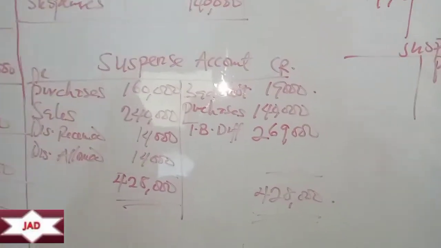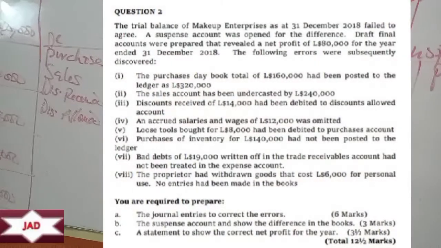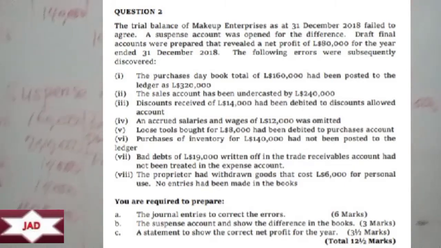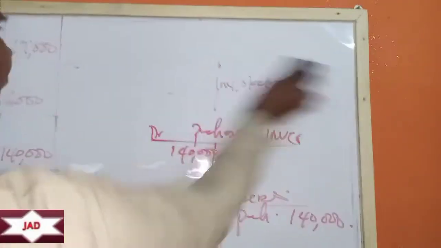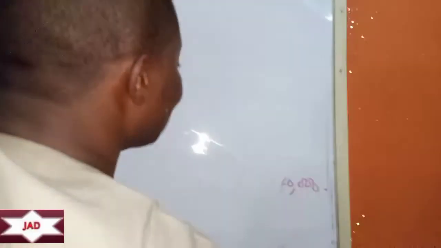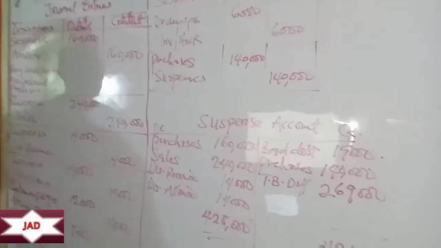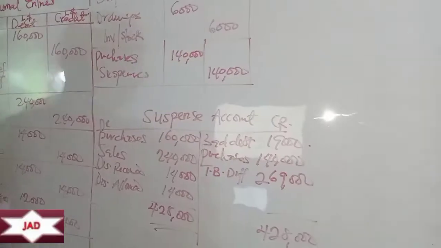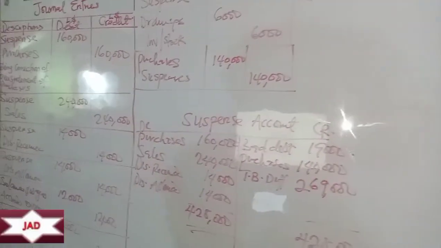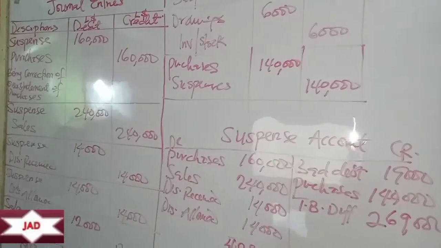So that is it for the suspense account. The next thing is a statement to show the correct net profit for the year. Remember that they had used the balances with errors to prepare the statement of income and expenditure, or the comprehensive income account, and then they obtained the net profit.